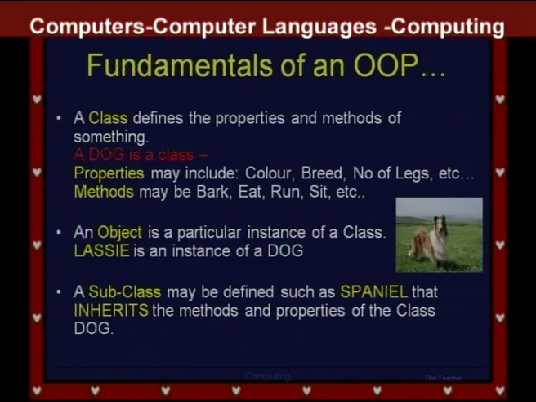So when you create a class, you create it by writing some functions or methods or some variables. This set of methods and variables are the properties of the class, and to use these properties of the class, we create an object.